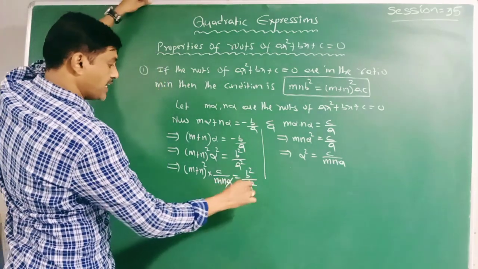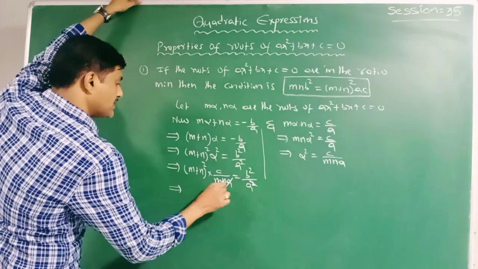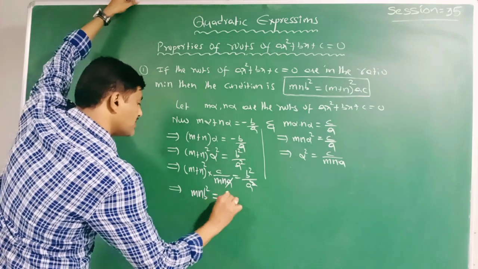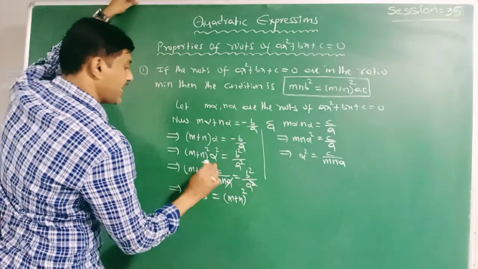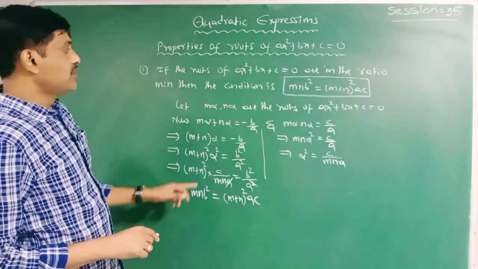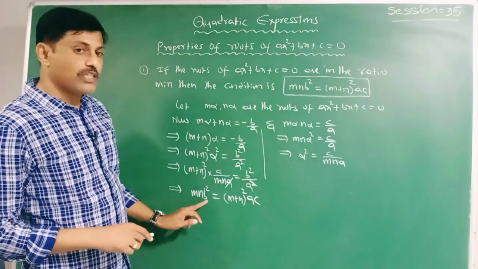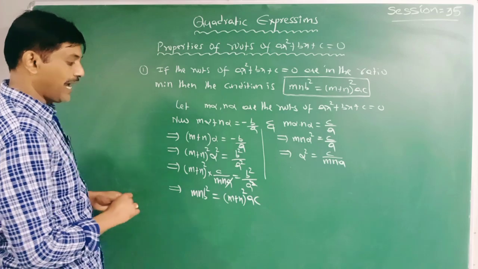Here one a is cancelled. Now cross multiply: mn b square is equal to (m plus n) whole square into ac. This is the condition whose roots are in the ratio m is to n.